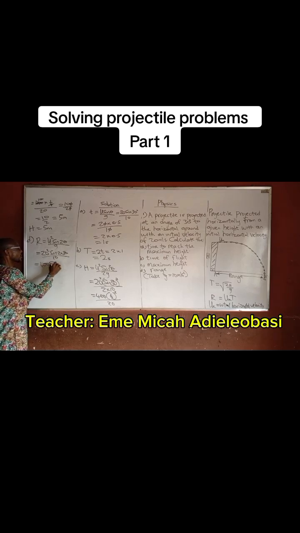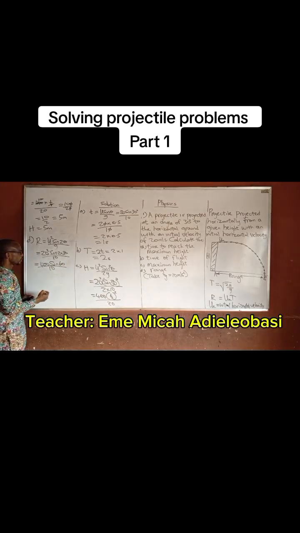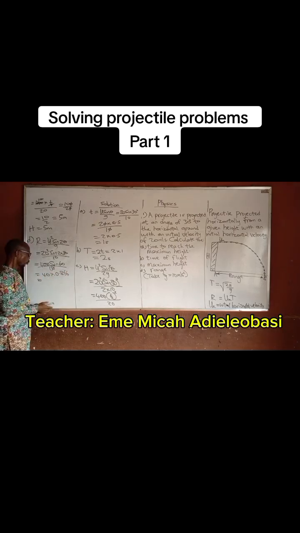Then sine 2 times 30 is sine 60, all over 10. So 10 we cancel. We now have 40 times 0.866. When we multiply 40 times 0.866, we are going to get approximately 34.6 meters. So that becomes our answer.